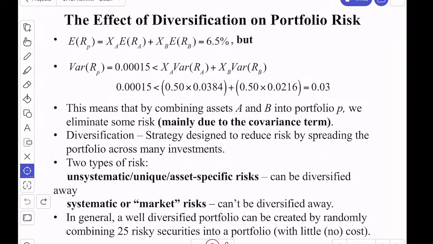If we just think of the weighted average of the variances, it is much bigger than the variance of the portfolio combining and holding 2 assets at the same time.